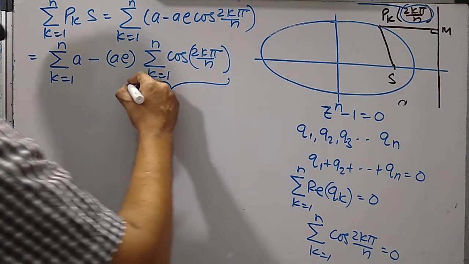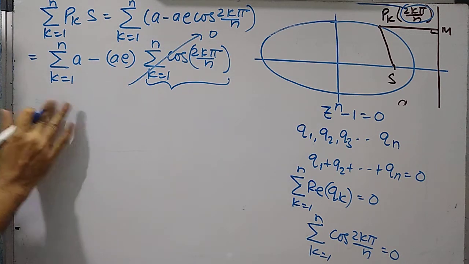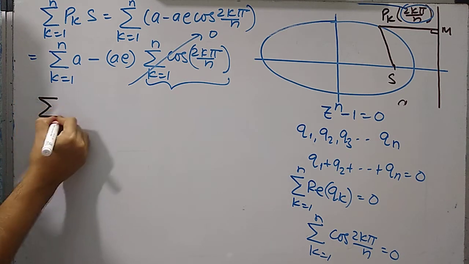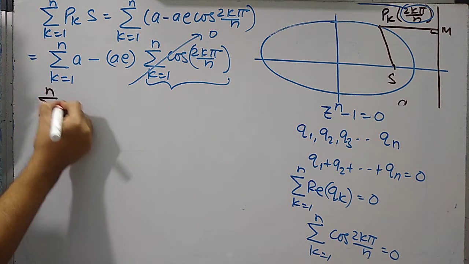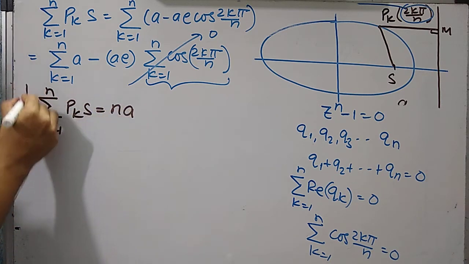So this quantity becomes 0. So here we get sigma k equal to 1 to n of pks, and this is equal to na.